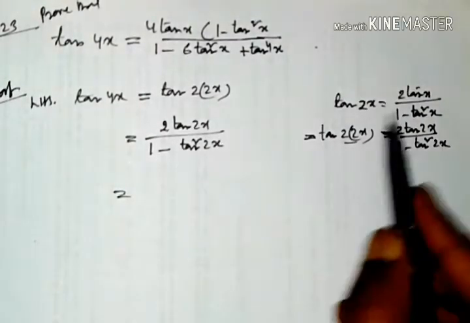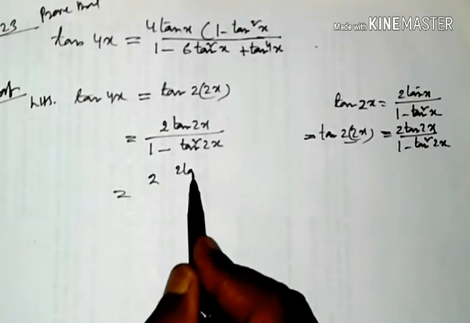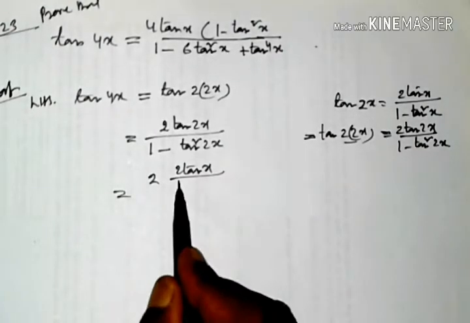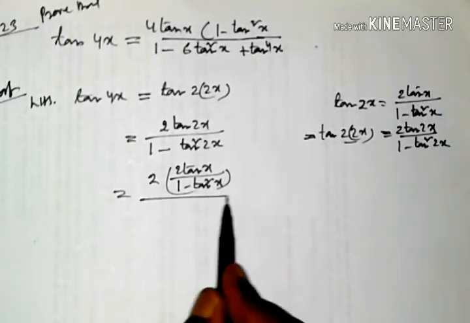Now what is tan 2x? tan 2x means 2 tan x divided by 1 minus tan square x.